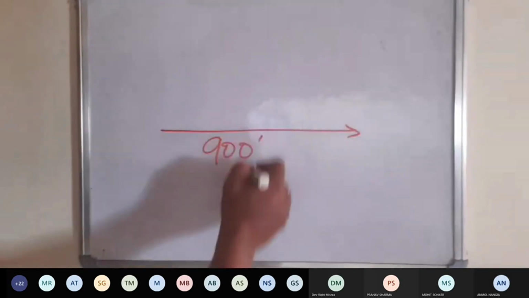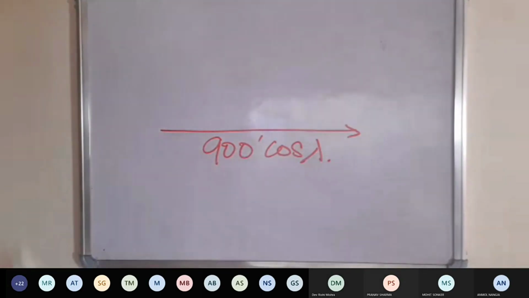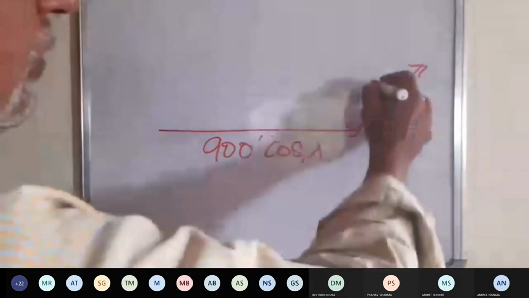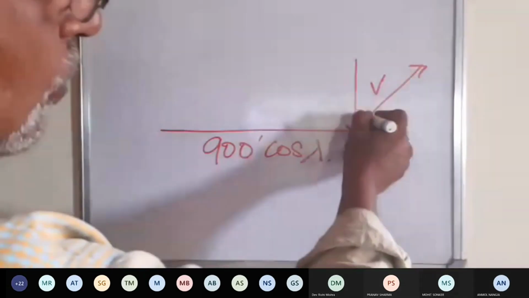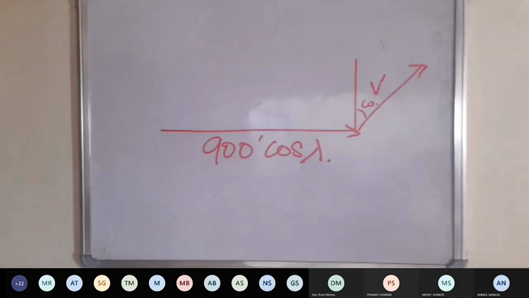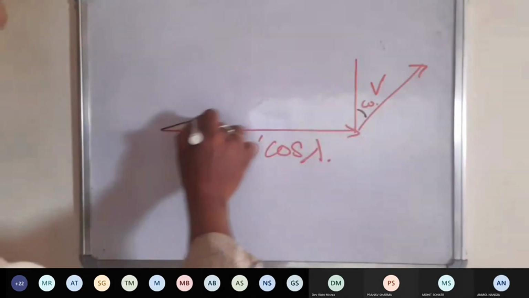So again, Earth's peripheral motion is 900 cos lat. Let us say the ship is doing a northeasterly course at the speed of V. The course is CO. So now the resultant is this. Is that correct?